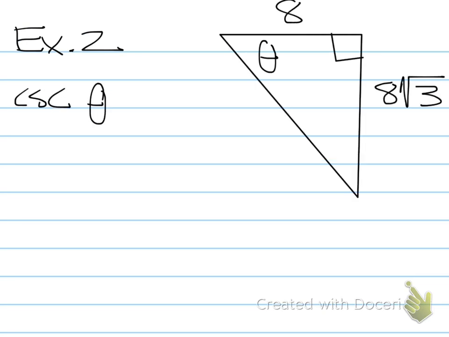In this figure, we want to determine what the cosecant of that angle measure is. Cosecant is the inverse of sine. And since sine is opposite over hypotenuse, the inverse is hypotenuse over opposite.